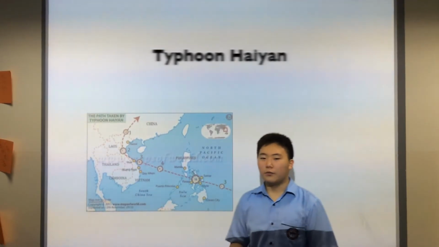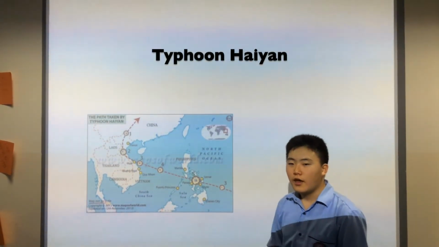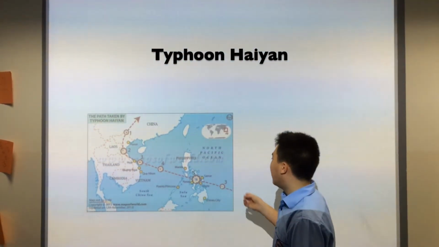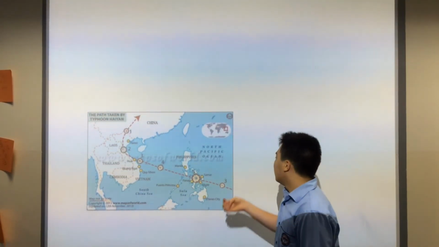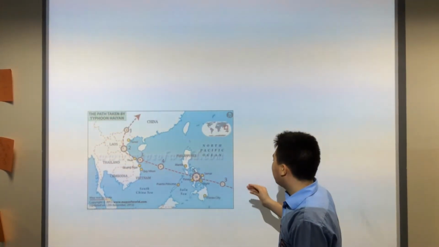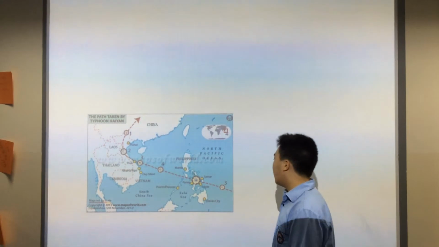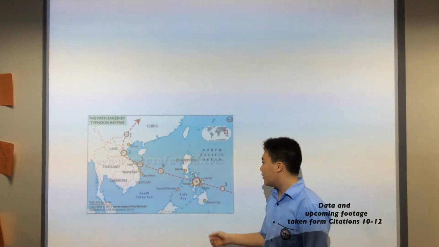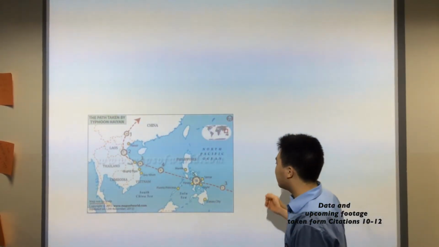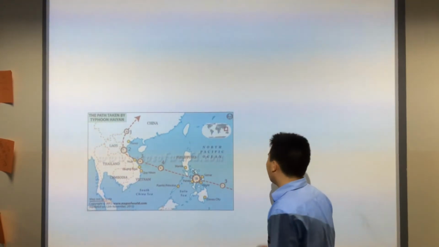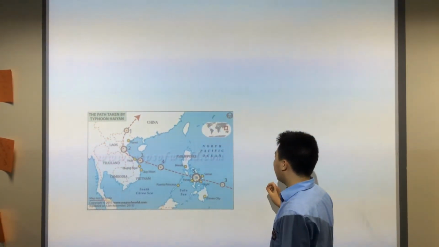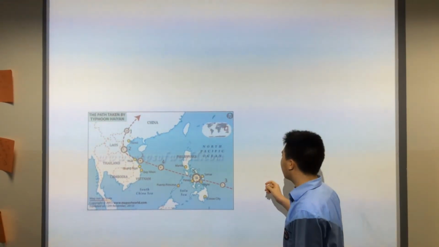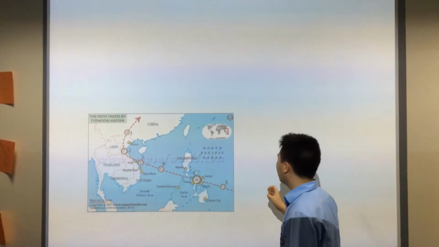So Oskar told us about Hurricane Mitch, and I'm going to talk about the track of Typhoon Haiyan. Typhoon Haiyan started in 2013, and it was created in the western part of the Pacific Ocean.